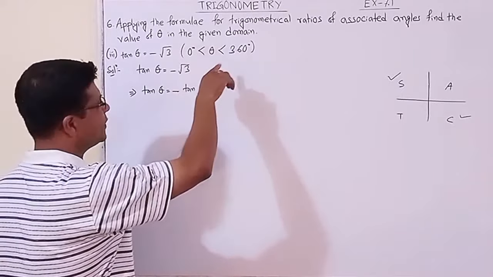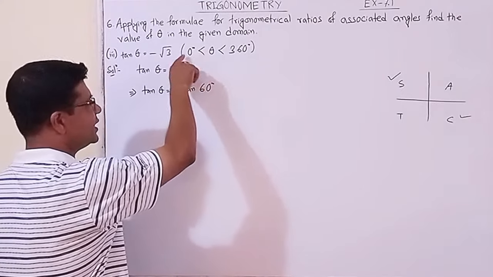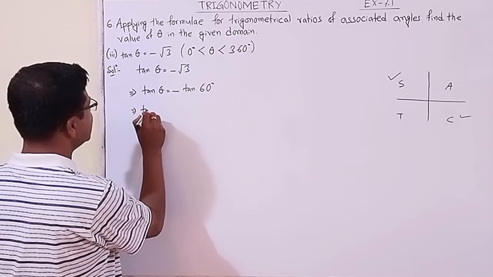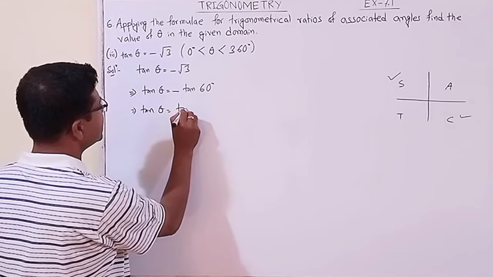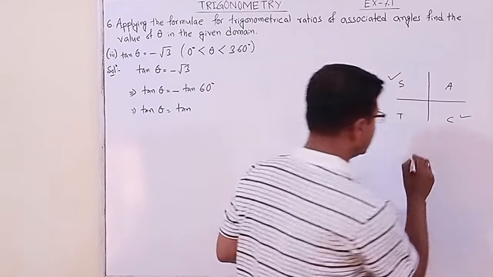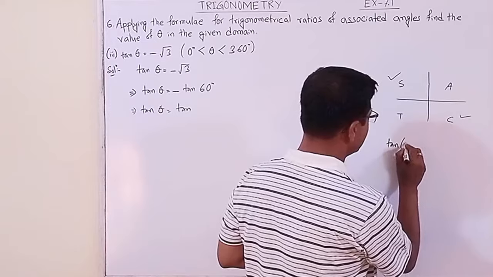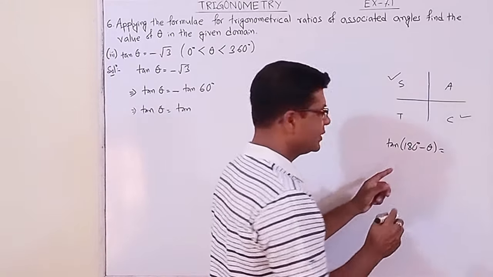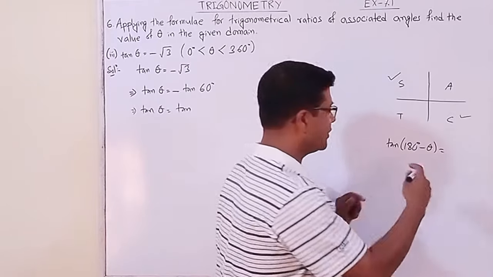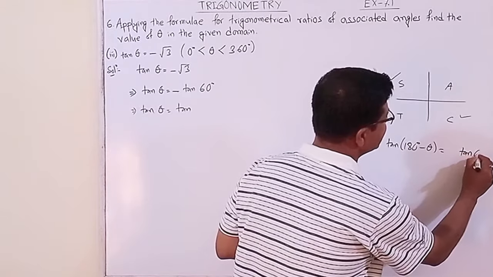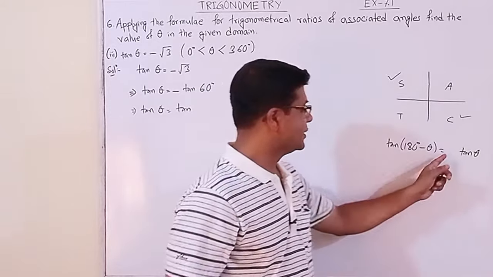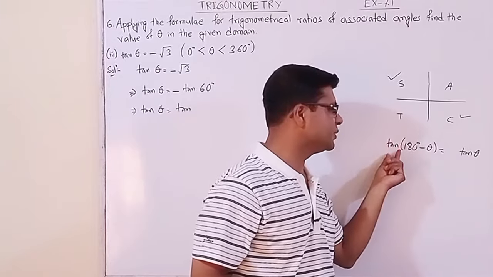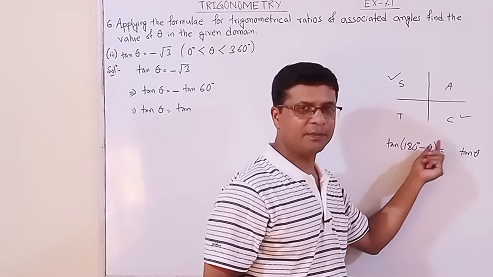Above all, theta is greater than 0 degrees; theta cannot be less than 0 degrees. Now tan of 180 degrees minus theta: 180 is an even multiple of 90 degrees, so obviously it will be tan theta. Same ratio, always rewrite, whether it is 180 minus theta or 180 plus theta.